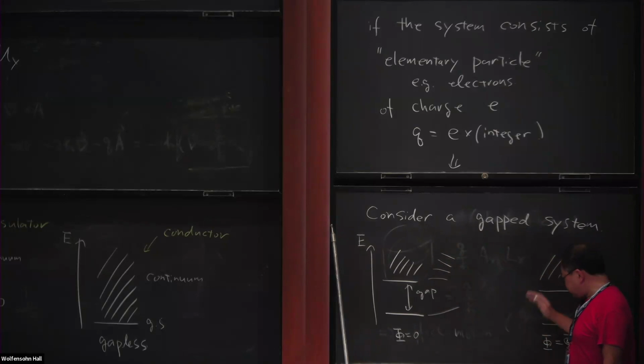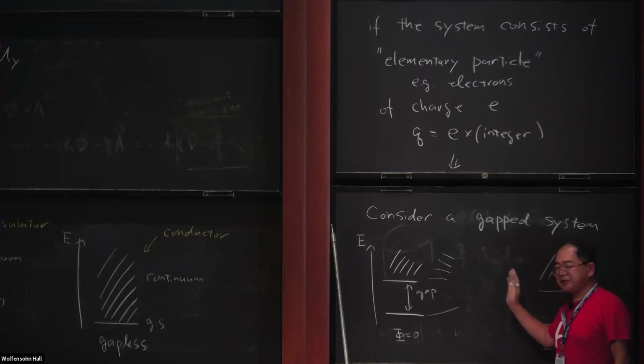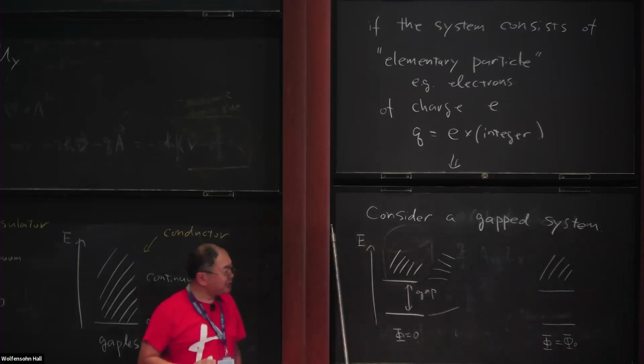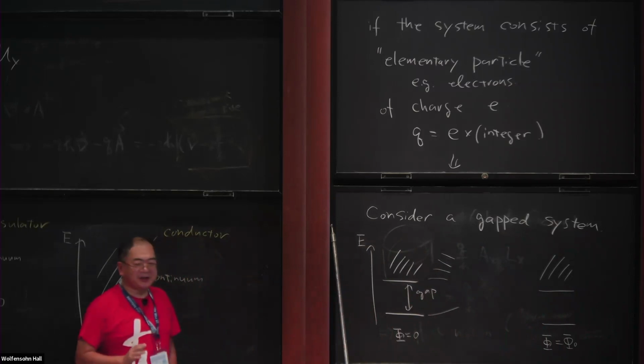So in general, I don't know what happens to the energy spectrum in between phi equals 0 and phi equals phi 0. But I want to make an assumption, which is probably physically reasonable, although I think so far we have never been able to prove that mathematically.